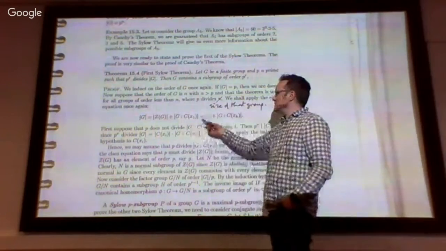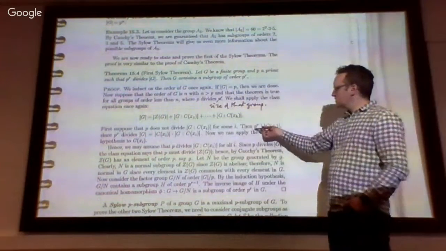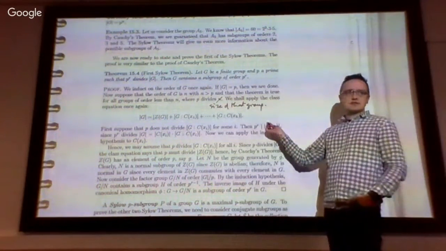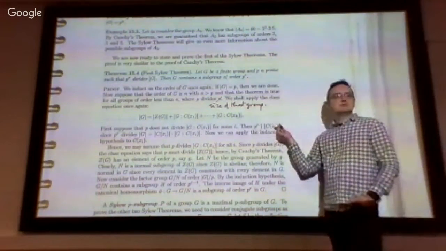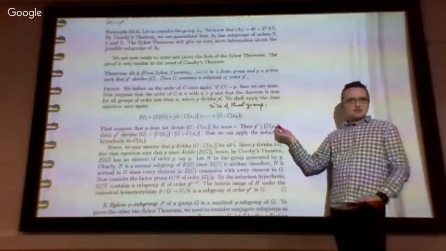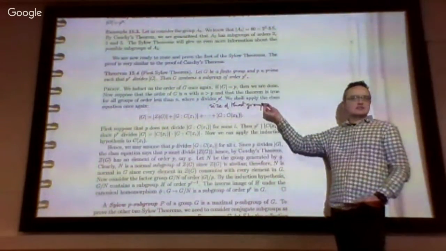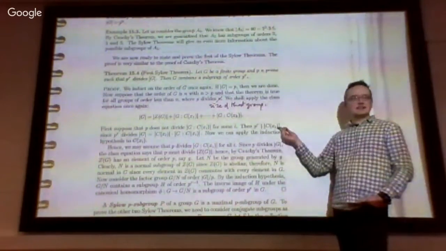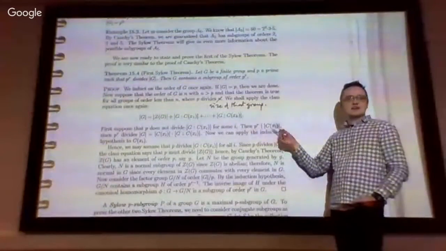If one of them is not divisible by P, that means the full power of P must divide the size of that centralizer. So now, this is a smaller group than G. It's divisible by P to the R. Therefore, it's covered by the induction assumption. So this C of xi has a subgroup of size P to the R. But that'll be a subgroup of G as well. C of xi is a subgroup of G.